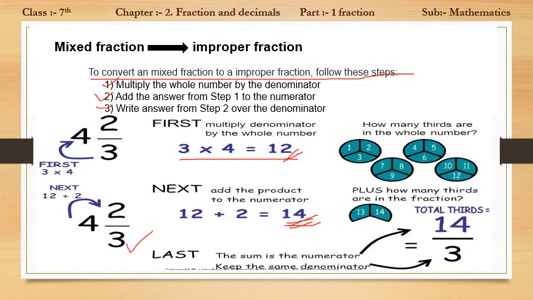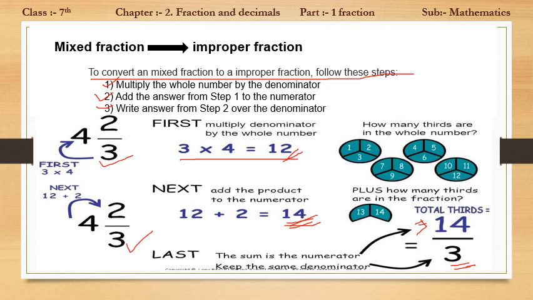The numerator is 14, and we keep the same denominator, 3. So by using these 3 steps, we can convert a mixed fraction to an improper fraction.